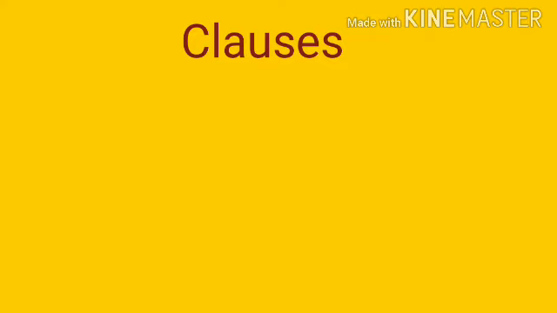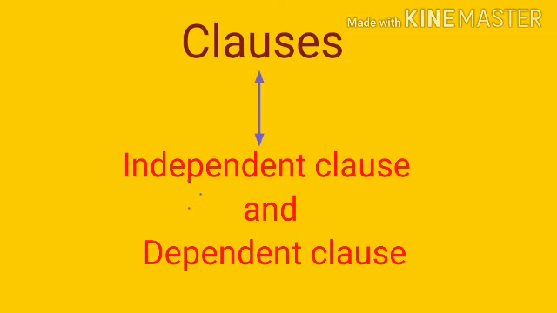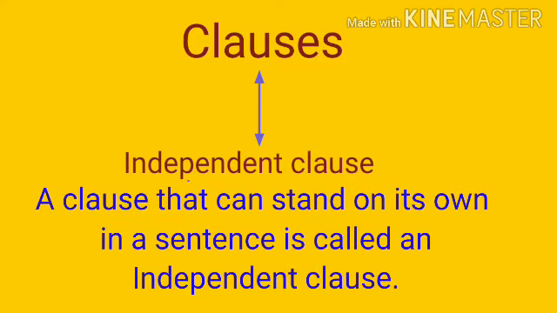Dear students, clauses are mainly divided into two parts: independent clause and dependent clause. Students, let's see about the independent clause. An independent clause is a complete sentence by itself and it does not need any other clause for its existence.